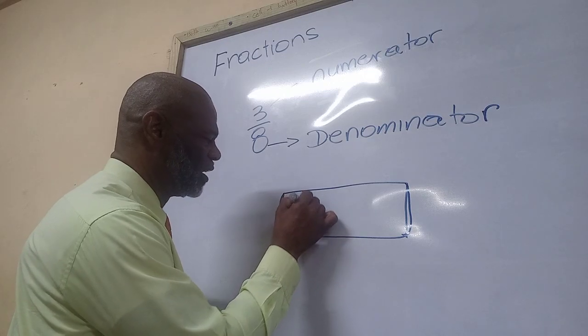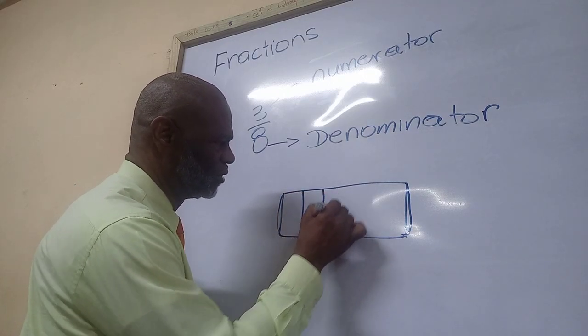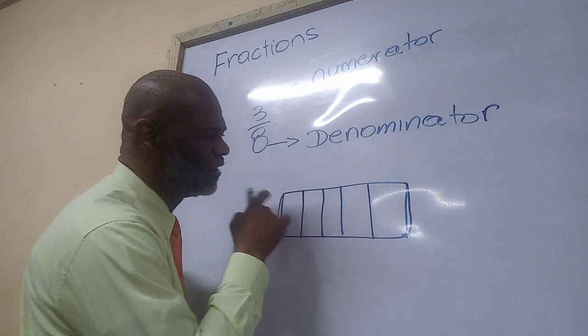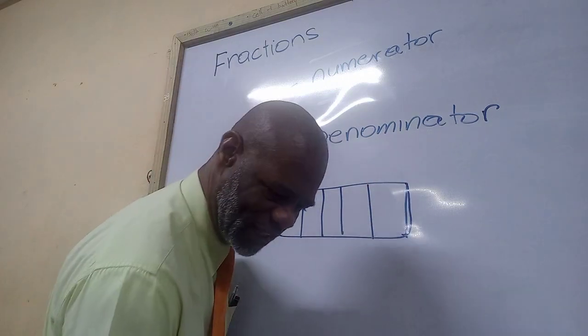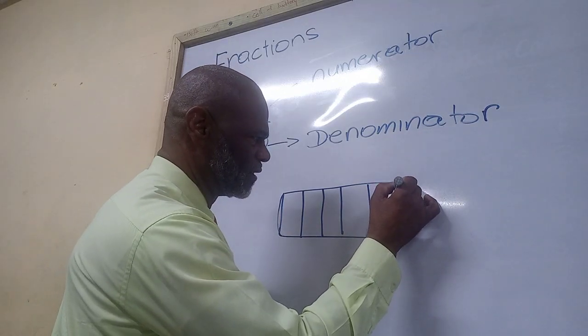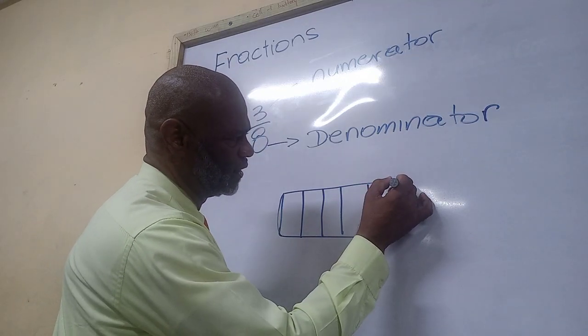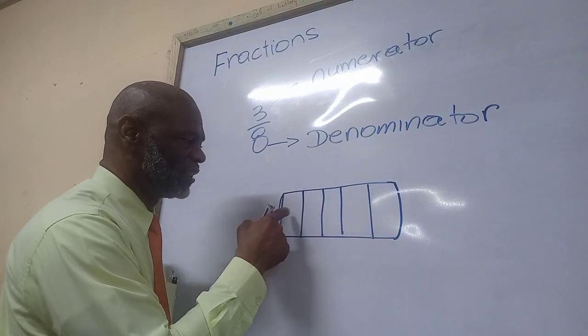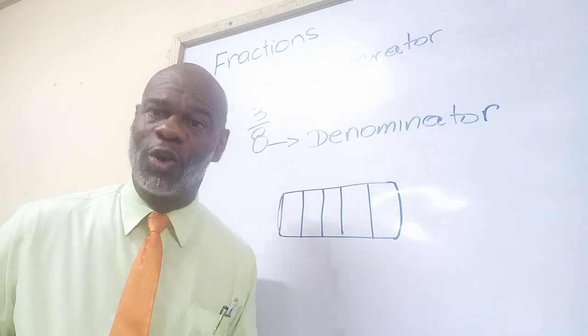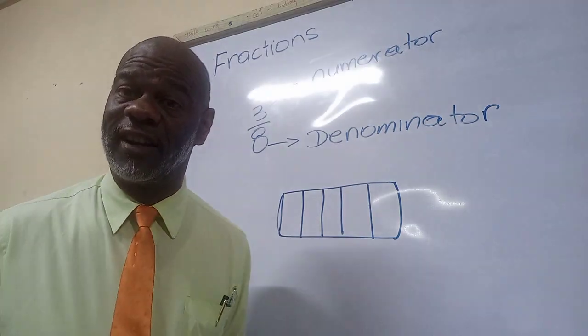So we have 1, 2, 3, 4, 5 slices. No, that doesn't look like they're equal, alright? Good. Better. So since it's 1, 2, 3, 4, 5 parts, this bread we cut up in 5 slices, alright?